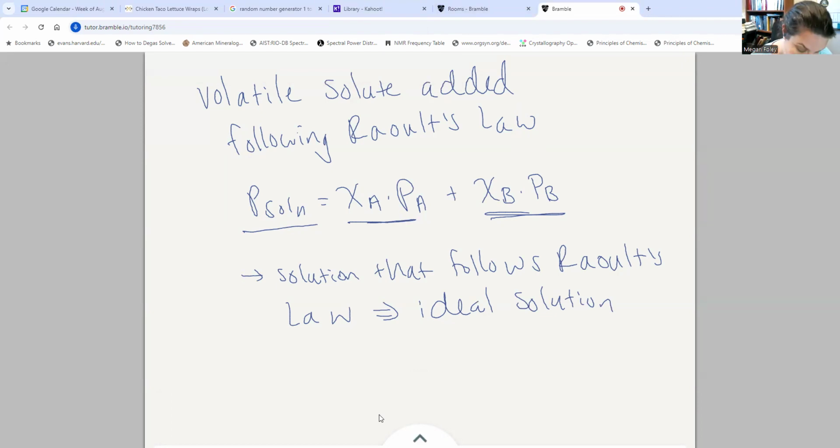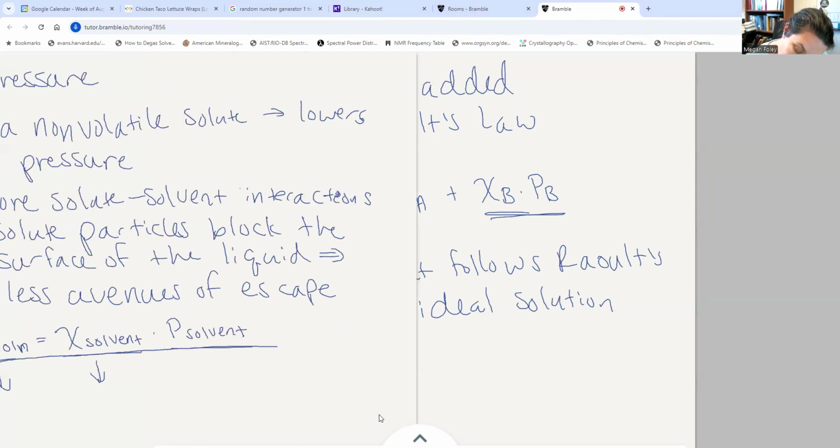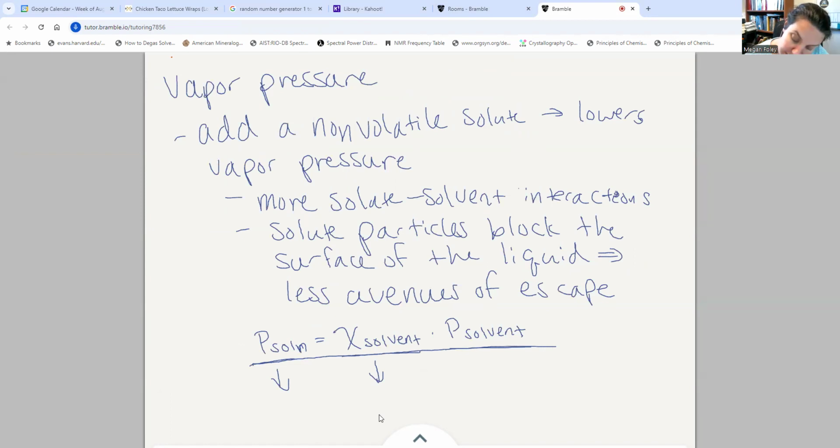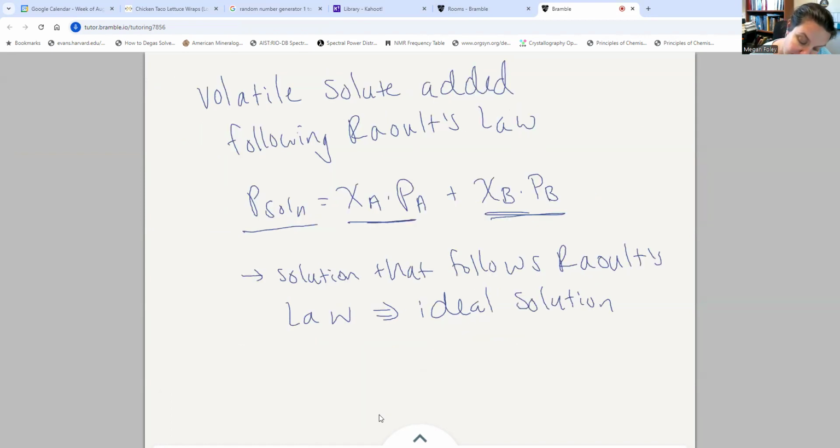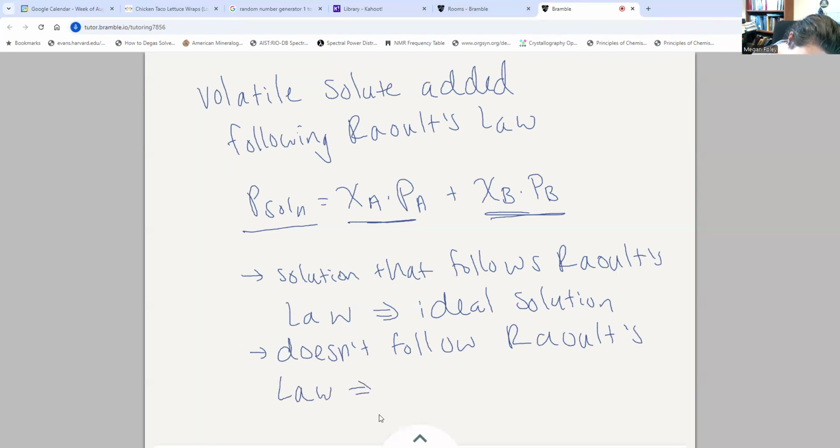And if it doesn't follow Raoult's law, this would be a non-ideal solution. And let me show you what that looks like.